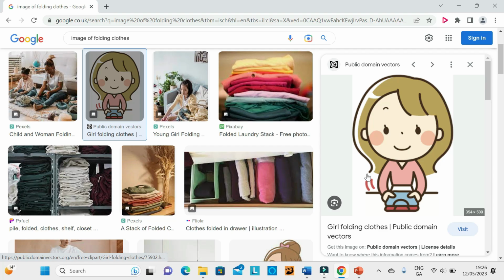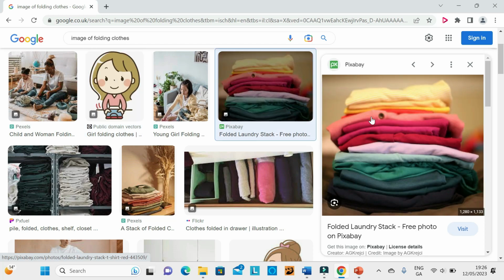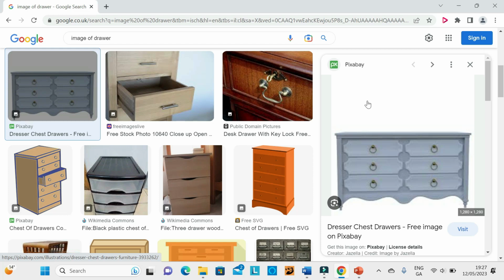So here is an image of a person folding clothes, and this is folded laundry to put neatly away in a drawer. So normally when you have your clothes neatly folded, you put them away in a drawer.